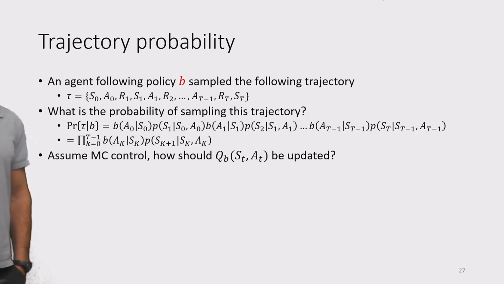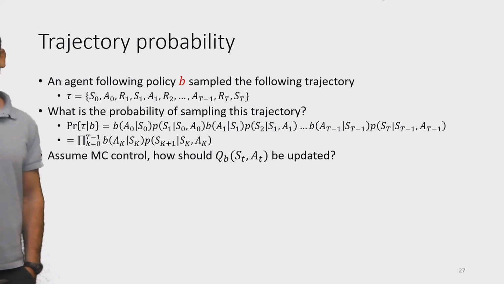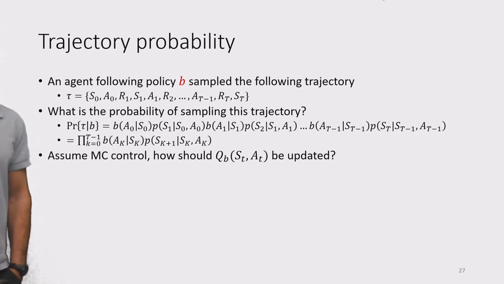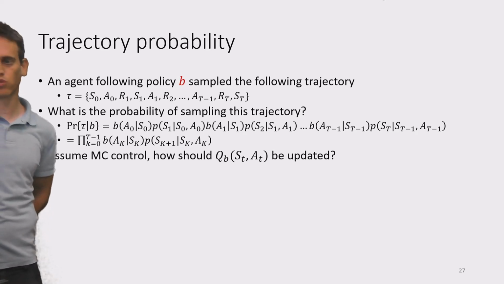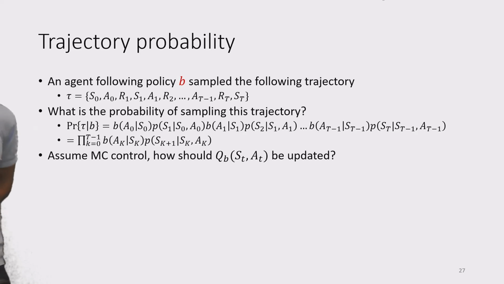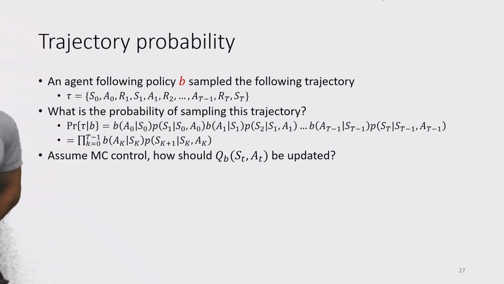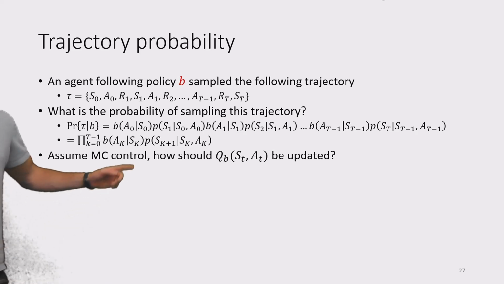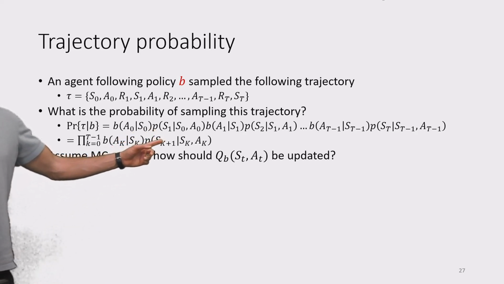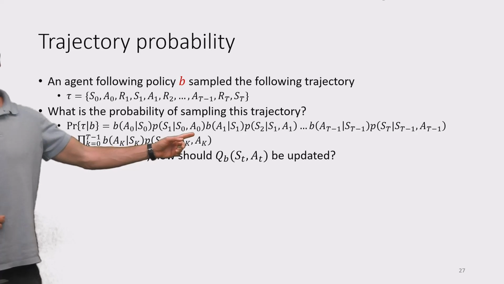We've learned about the MDP factorization and the definition of a soft policy. So we can say that the probability of sampling this specific trajectory following the behavioral policy B would be the probability that under soft policy B we will sample action A0 at S0, and then we multiply that by the probability that we will get to state S1 after being at state S0 and taking action A0.